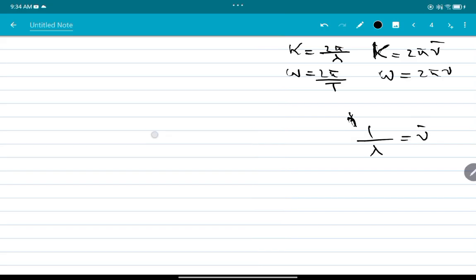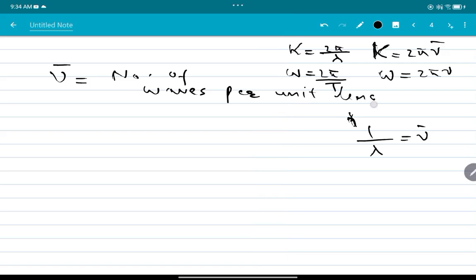You have nu bar, the number of waves per unit length, per unit space. What is lambda? Lambda is the distance in which one wave fits.